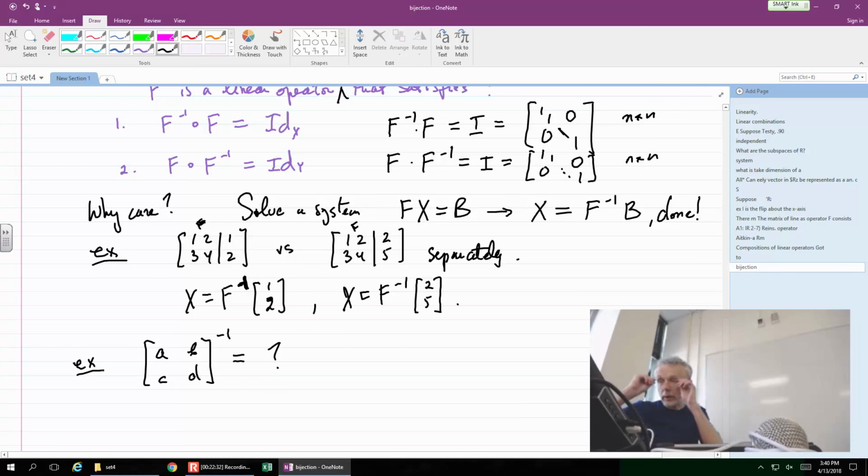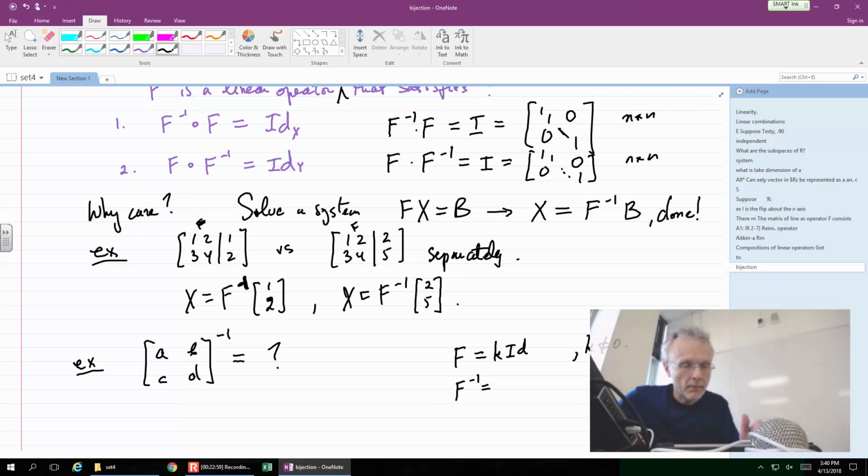So what is it? Okay, let's try to guess from examples that we have. For example, to begin with, F is equal to, say, k times the identity. So it is a uniform stretch in all directions. What's the F inverse?